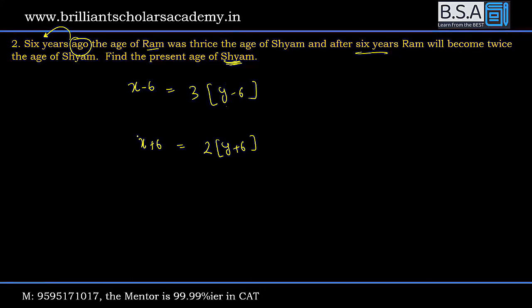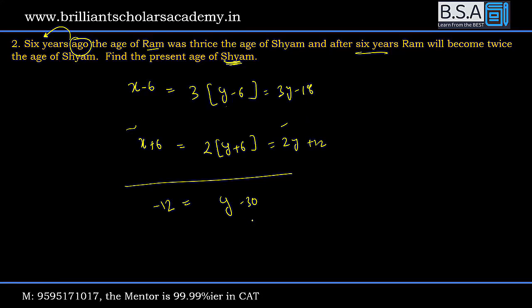My job is to find age of Sham. So can I not simply subtract the two? If I subtract two equations, X will get cancelled. 6 minus 6 is minus 12. That is fine. This equation is 3y minus 18 and this equation is 2y plus 12. So 3y minus 2y, y, minus 18 minus 12, so minus 30.